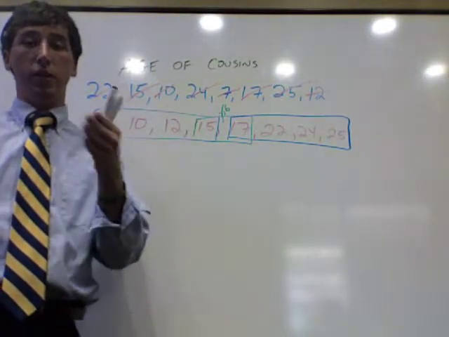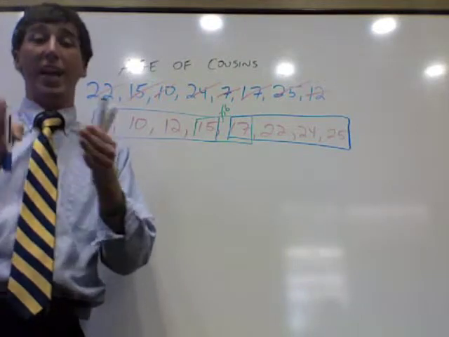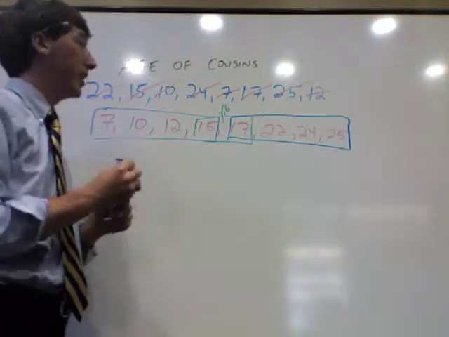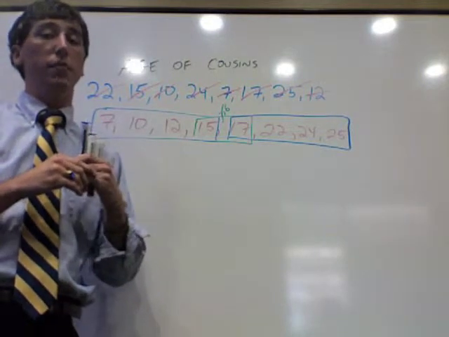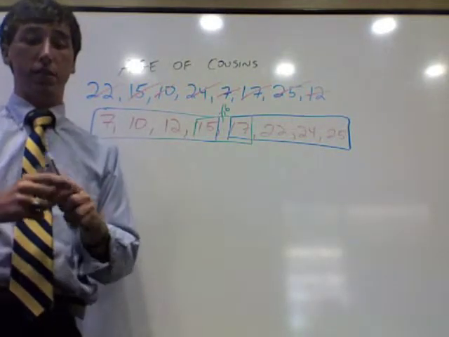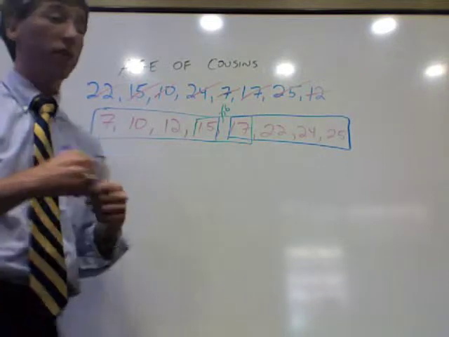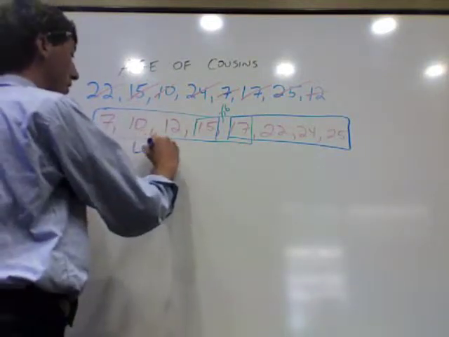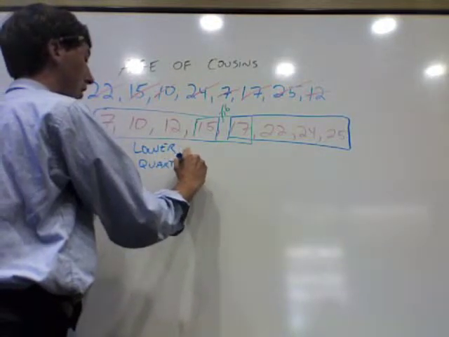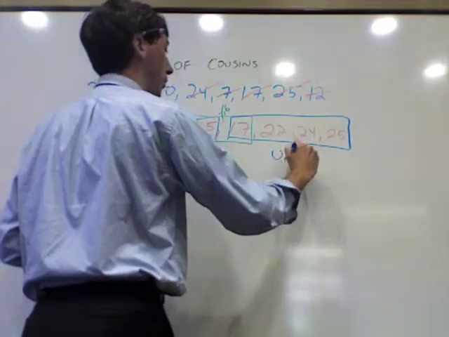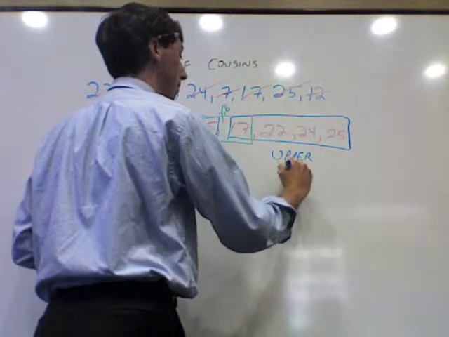In order to get the 2 numbers that make up the edges of my box, I need to find the median of the lower half of the data and the median of the upper half of the data. We call this the lower quartile and the upper quartile.